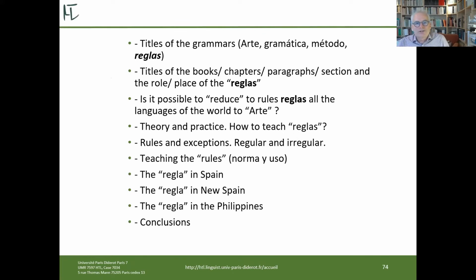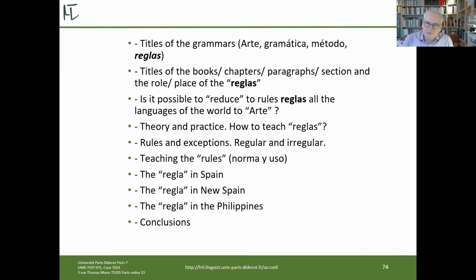What I try to do is to give some tendencies, two parts of the world, starting with Spain, but we have seen some grammars where the regla was actually used in the context of autonomy, and a language which was seen as very complex on the phonological level, the pronunciation. And the other part was about the Philippines. And we have seen that the way the rules are presented and also used in those grammars can vary very much.